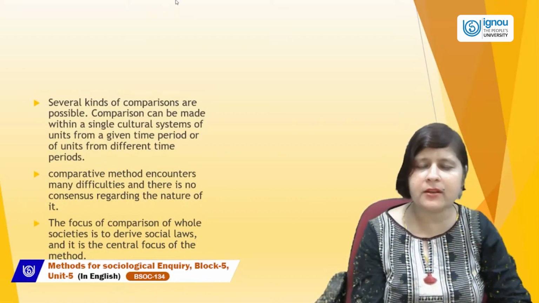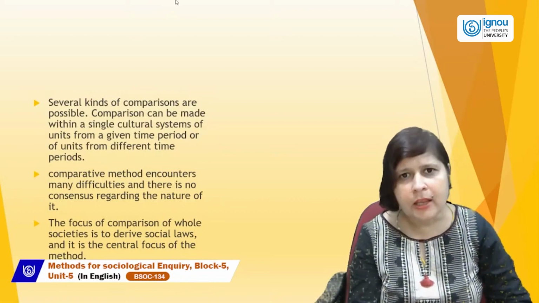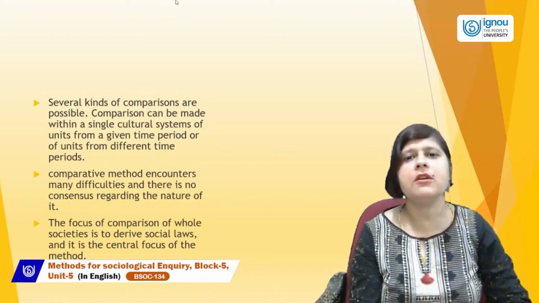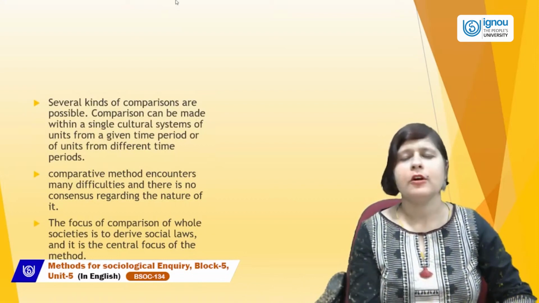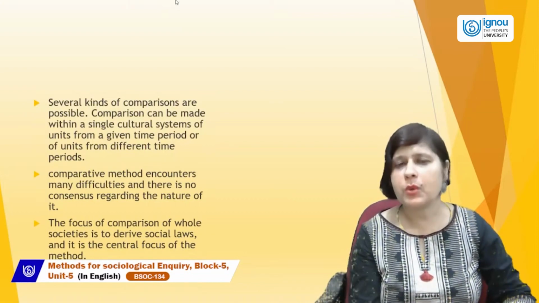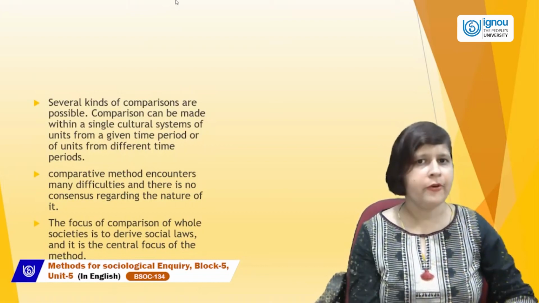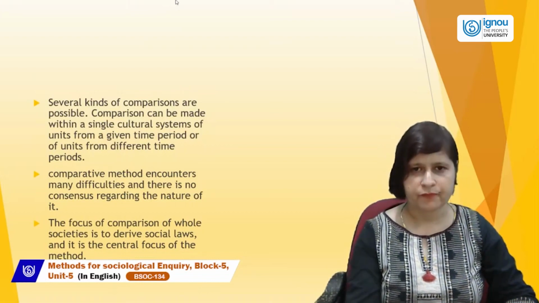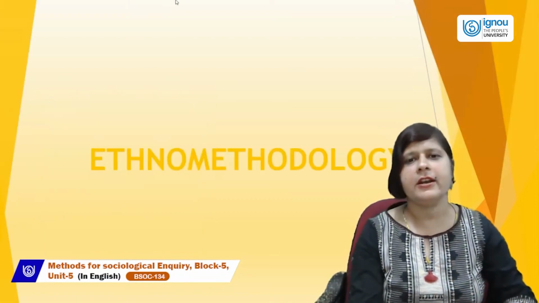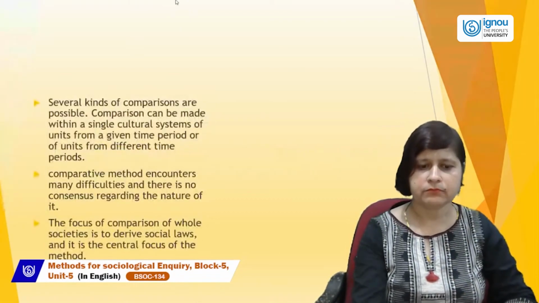Why do we compare the whole society? The main aim is to derive social laws. After comparing the various societies, we can derive social laws. Why are social laws important? For the solidarity of society and for social order.